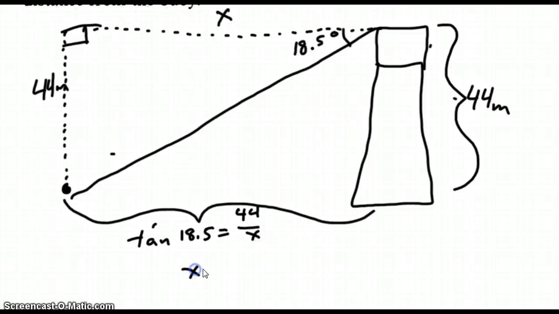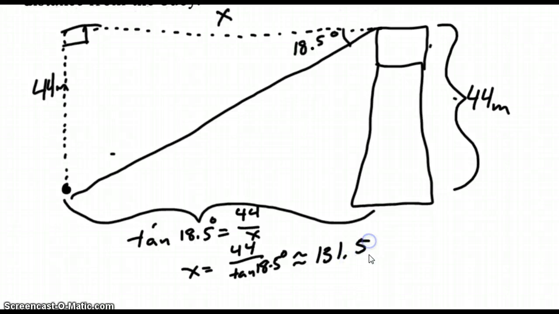Now solve for x: x equals 44 divided by the tangent of 18.5, and obviously that's in degrees. 44 divided by tangent of 18.5, and we get a decimal approximation of about 131.5 meters.